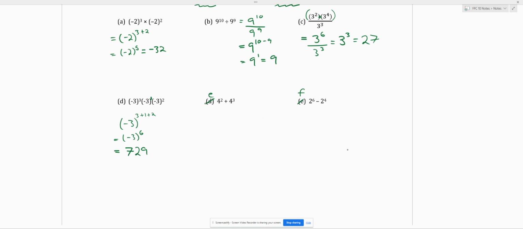Regardless of that, take a look at these two. They're different than all the ones we've done before. What has happened is because we have addition here and subtraction, we have same bases, we have two powers, but there is no law that we can use to quickly combine these powers when there's no multiplication or division. It's addition and subtraction. There is no law.